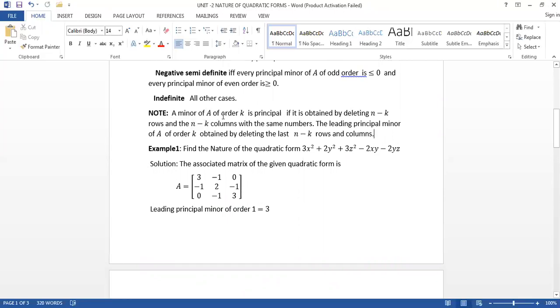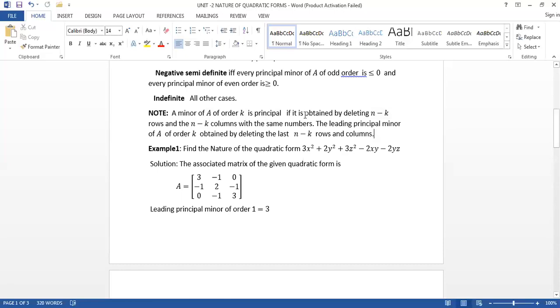So here the meaning is this is simply a principal minor of order k. How to obtain this? By deleting n minus k rows and n minus k columns. Order is k. What is n? n is nothing but the order of the given matrix.